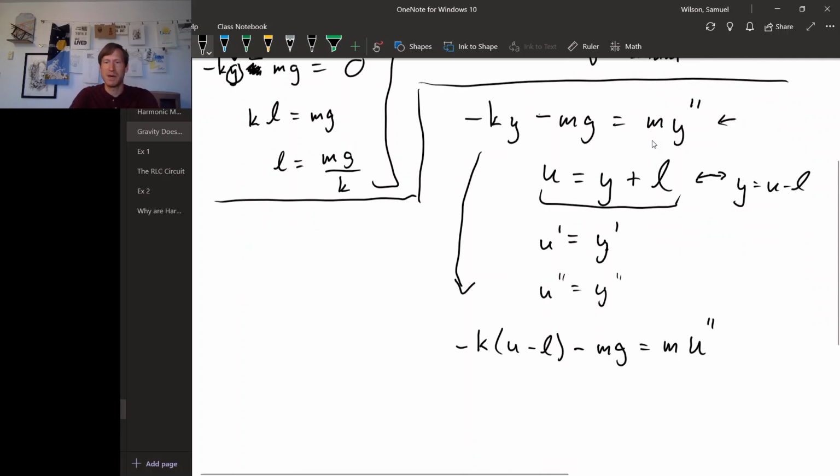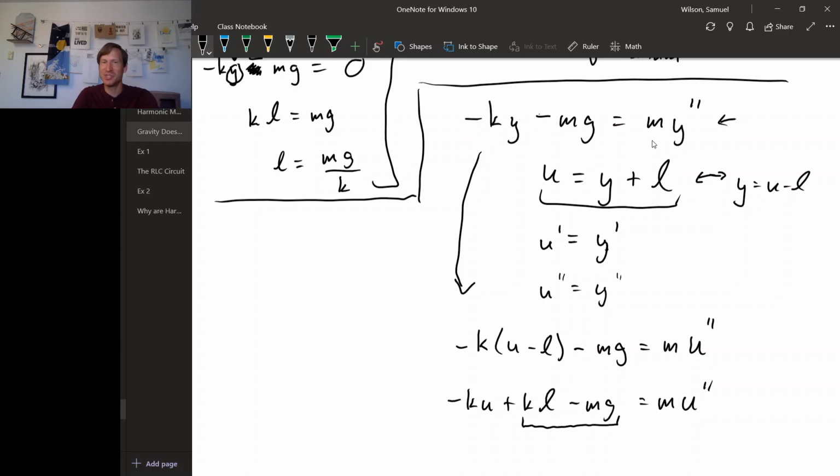So we get minus ku plus kL minus mg equals m times u double prime. And here's where the magic happens. kL minus mg, if you go back up to here, is 0.